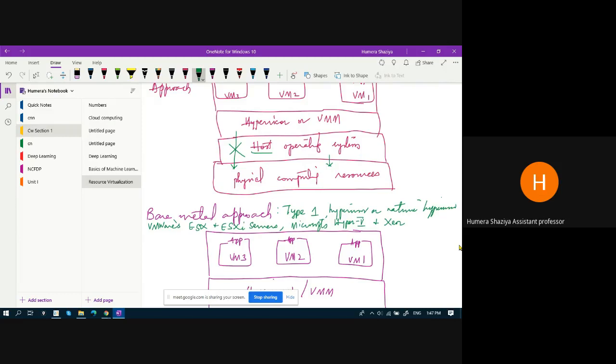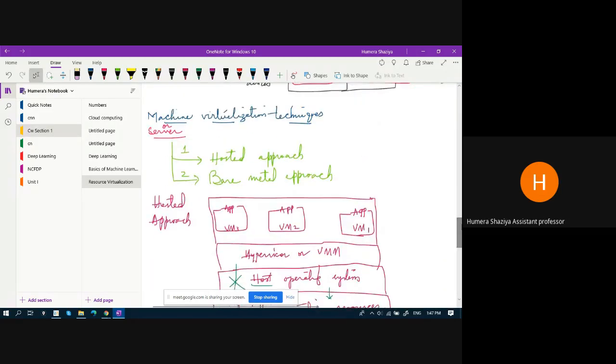These are the examples of bare metal hypervisors.